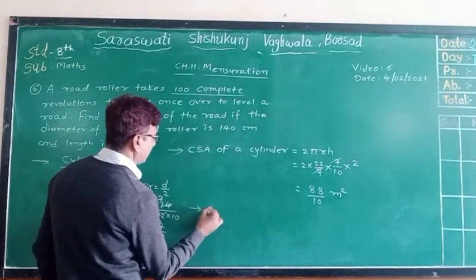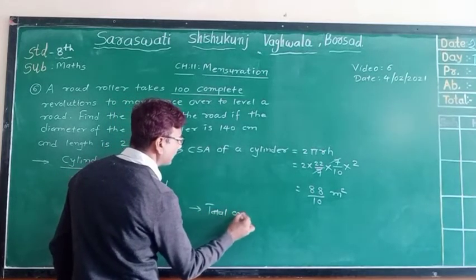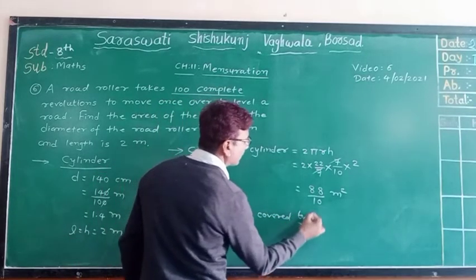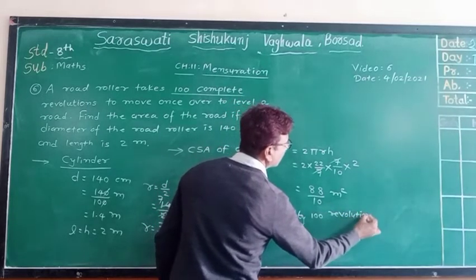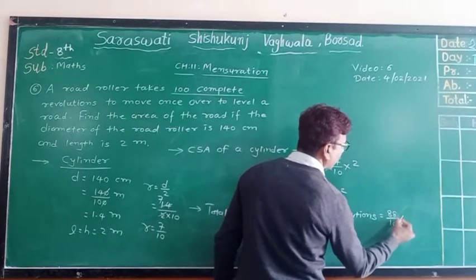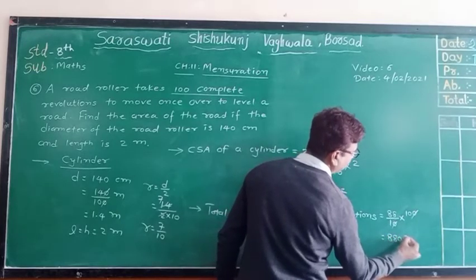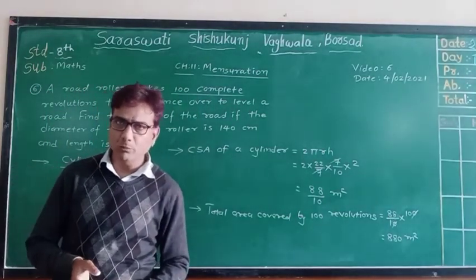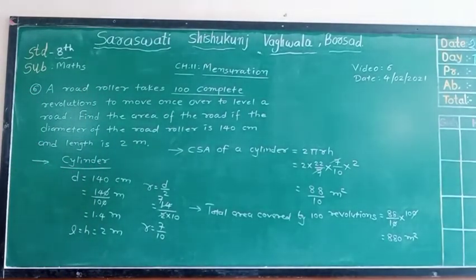That means total area covered by 100 revolutions equal to 88 by 10 multiplied by 100 revolutions, which is 880 meter square. That means when a roller moves 100 complete revolutions, it can cover 880 meter square of land.